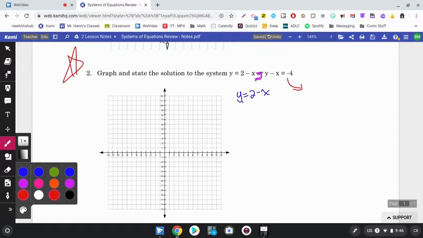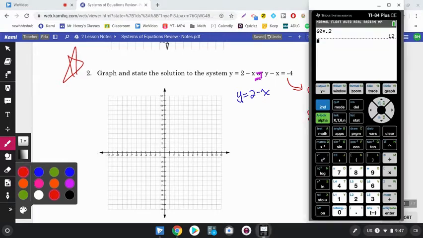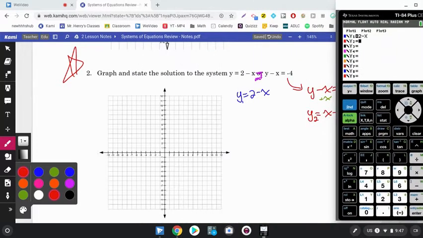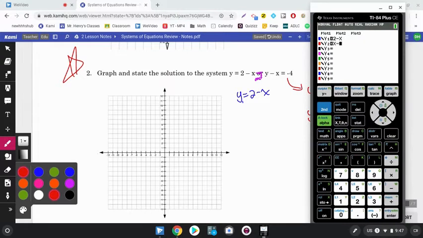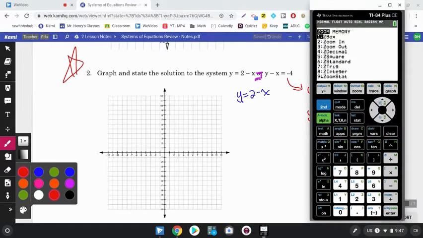And then the other one, y minus x equals negative 4, I'm going to rearrange so that I have y equals x minus 4, and that's going to be y2. So any equation I give you, if you rearrange them both to y equals, you can go to your calculator and type them into graph: 2 minus x, and the other one is x minus 4.